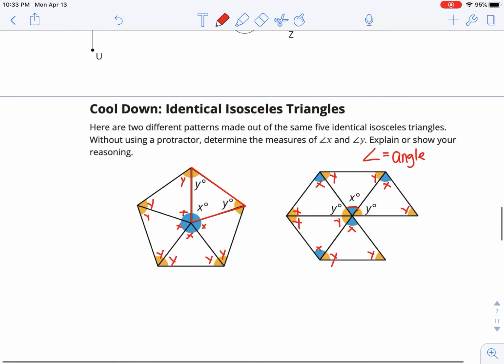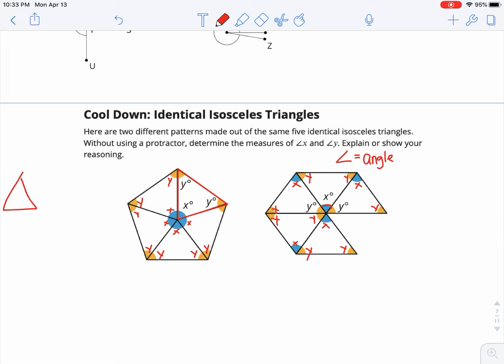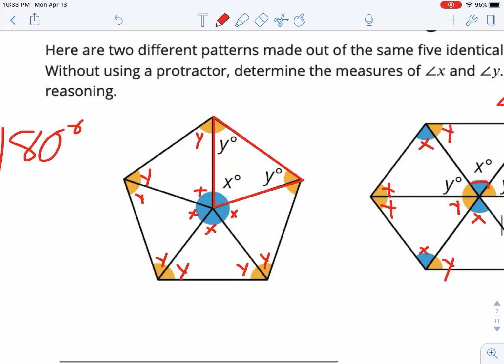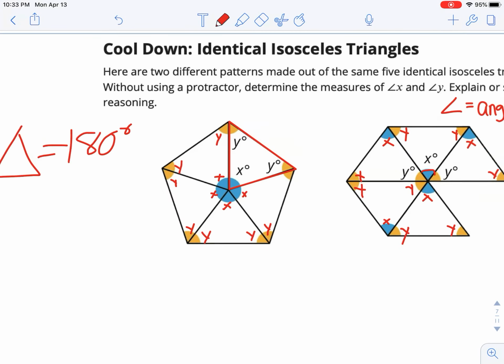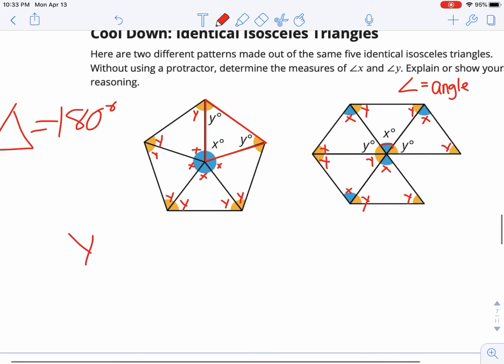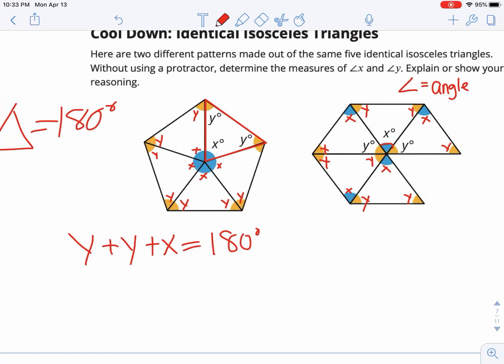If you read the slide at the beginning, it says every triangle equals 180 degrees. So in this small triangle, we have two Y's plus X equals 180 degrees. We can put these two Y's together: a Y plus a Y gives us 2Y plus X equals 180 degrees. So this would be an equation that could help us.